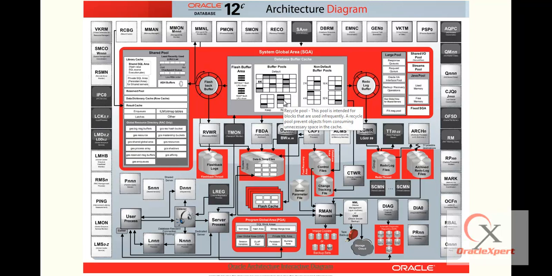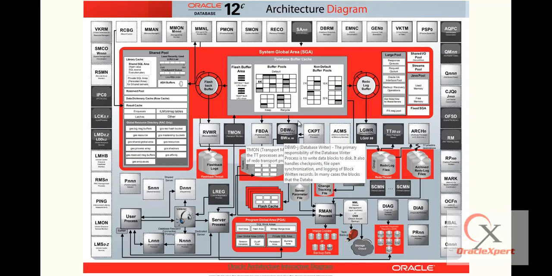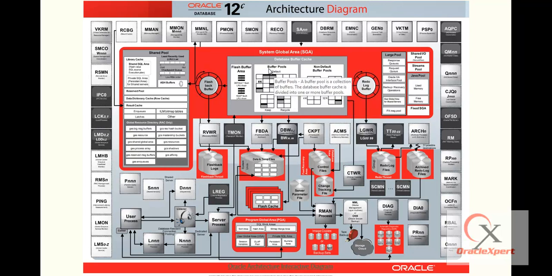In that case, you would need the flash buffer area, which is an extension to your database buffer cache. The database can improve performance by caching buffers in flash memory instead of reading from magnetic disk. You must configure a flash cache on either all or none of the instances in your Oracle Real Application Cluster environment.